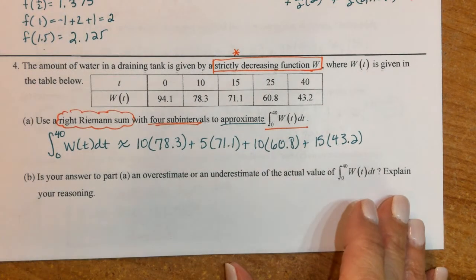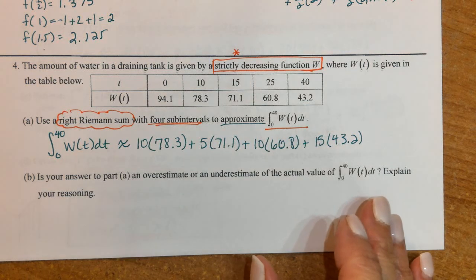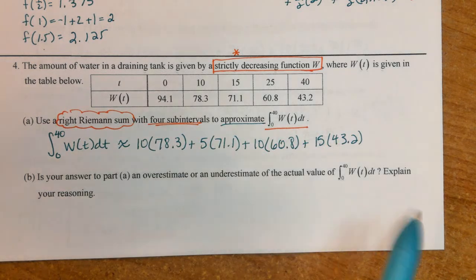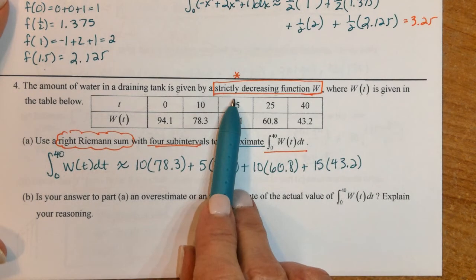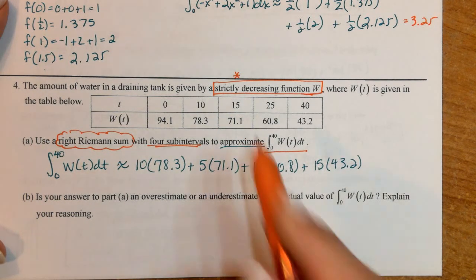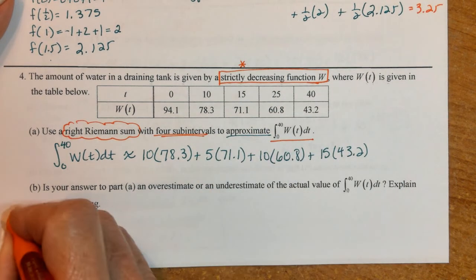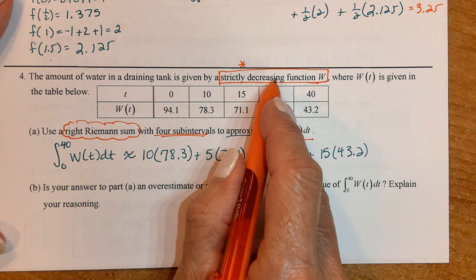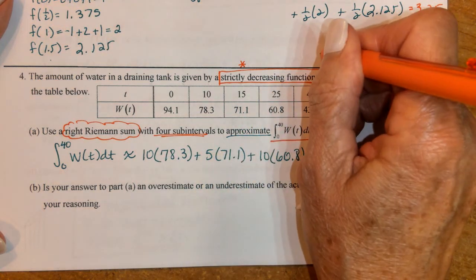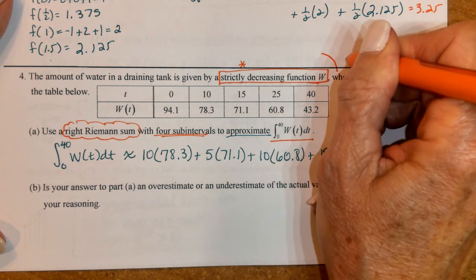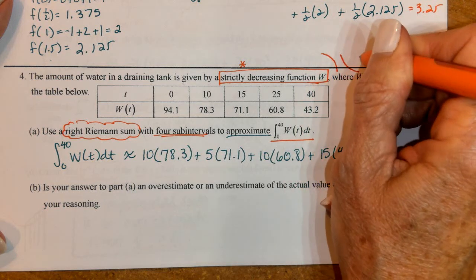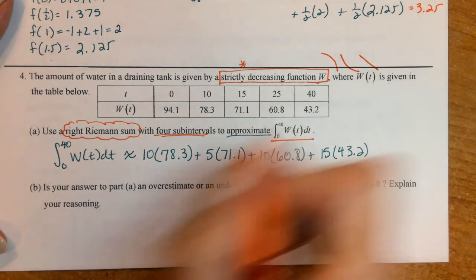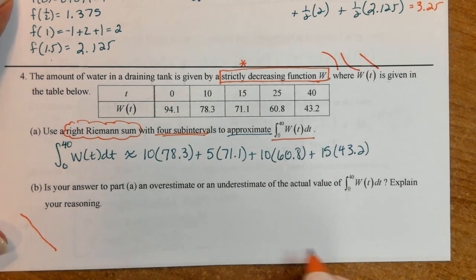Okay, part B. Is your answer to part A an overestimate or an underestimate of the actual value? All right. Well, this is where we're going to use what they gave us up here. The function is strictly decreasing. That means it's always decreasing. It might be decreasing and concave down, it might be decreasing and concave up, it might be linear decreasing. Whatever, it's somehow decreasing.